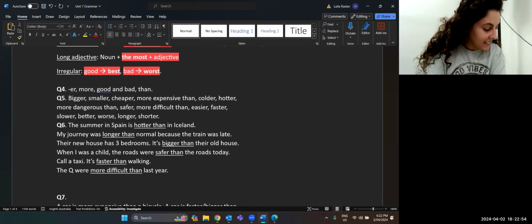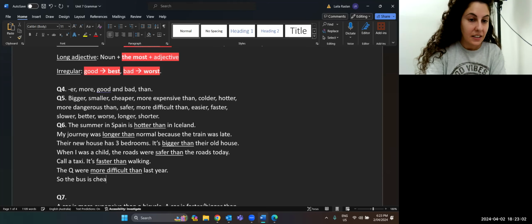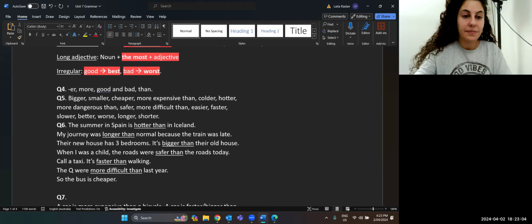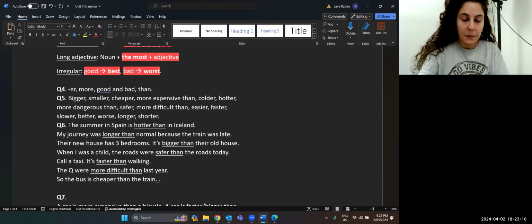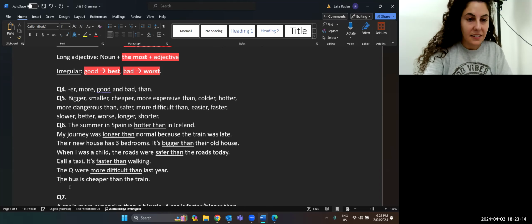The bus ticket is $10 and the train ticket is $12. So the bus is cheaper. If I want, I can continue the sentence. It's cheaper than the train. Okay, the bus is cheaper than.